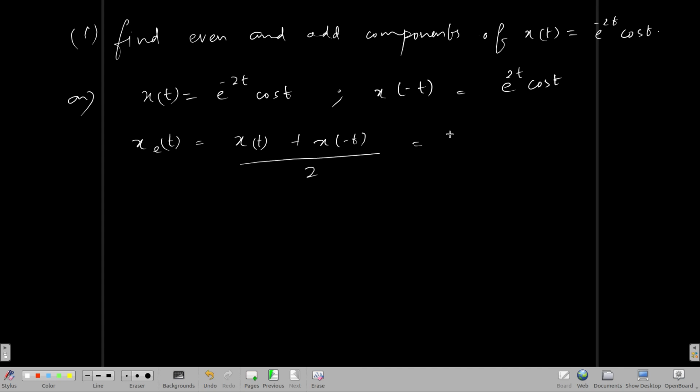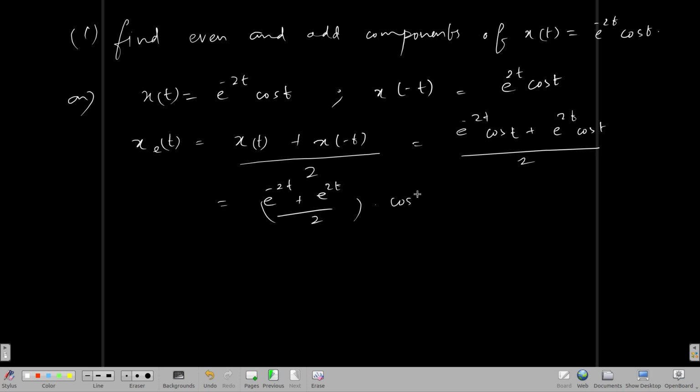So which is equal to e to the power of minus 2t cos t plus e to the power of 2t cos t, whole divided by 2, which when rearranged properly we will get e to the power of minus 2t plus e to the power of 2t by 2 into cos t.